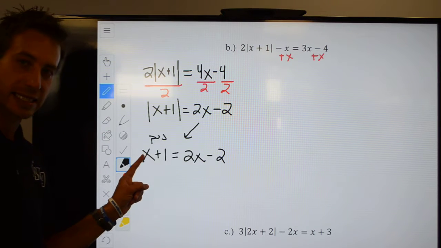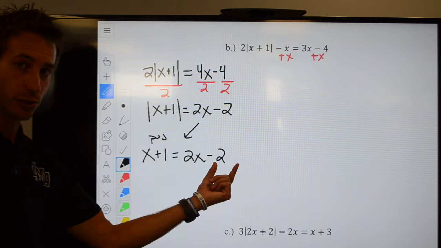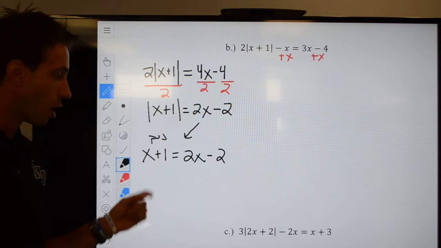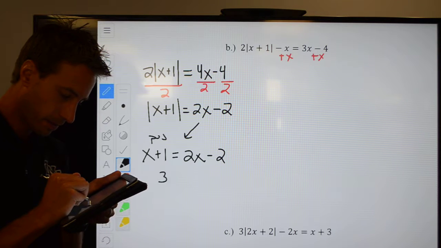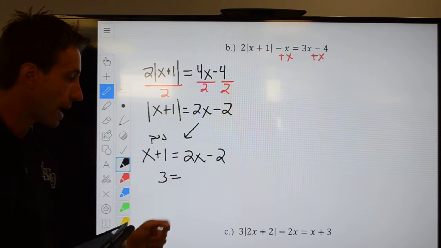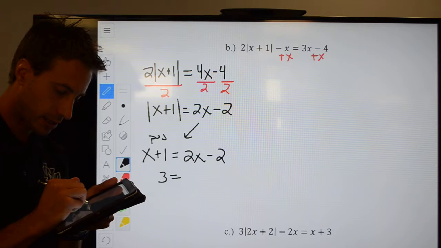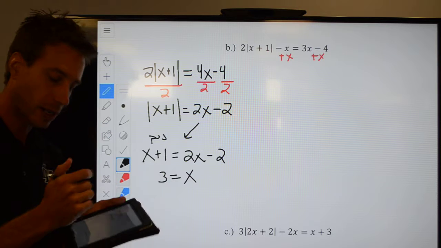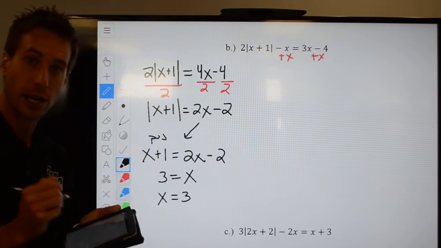I'm going to subtract this x over here, and I'm going to add this 2 over here. 1 plus 2 is 3. 2x minus an x is just an x. I don't like that symmetric property to flip it. X is equal to 3.